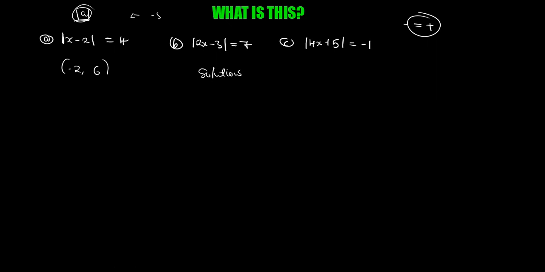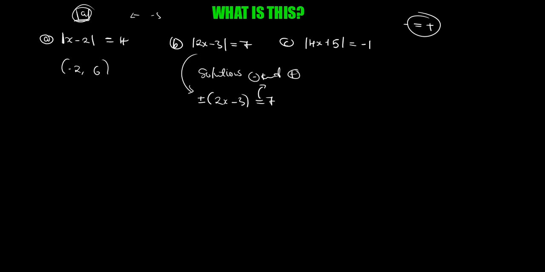Okay, so going to the other question now, it's the same thing. I'll just start at the first step. I'll say plus or minus, open bracket, 2x minus 3 is equal to 7. Since they have brought the issue of the equal sign, there is a negative and a positive.